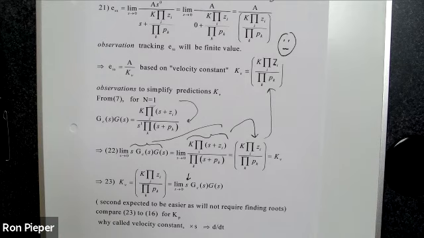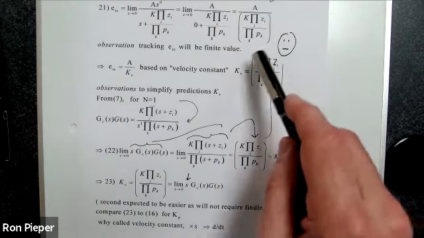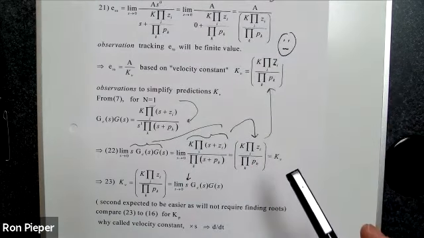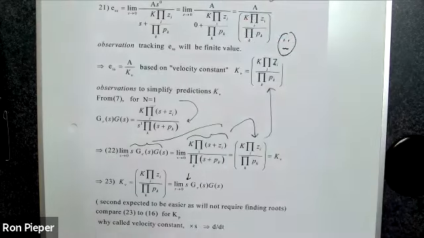Okay. So what we're seeing here is that the same kind of shortcut can be put into place for solving for this ratio here in the case of the ramp and taking n equal to 1.